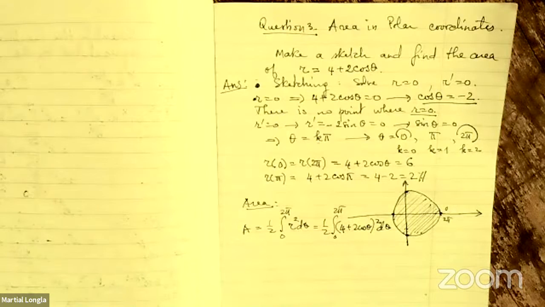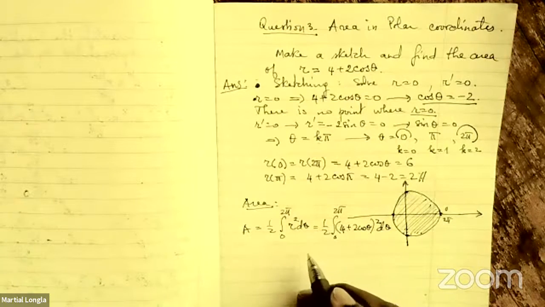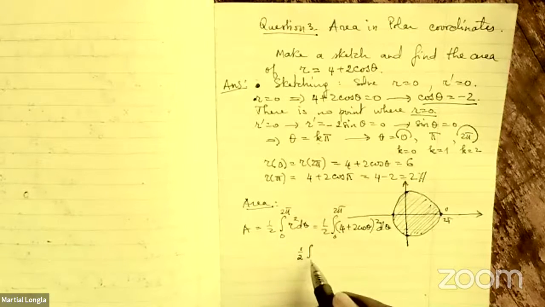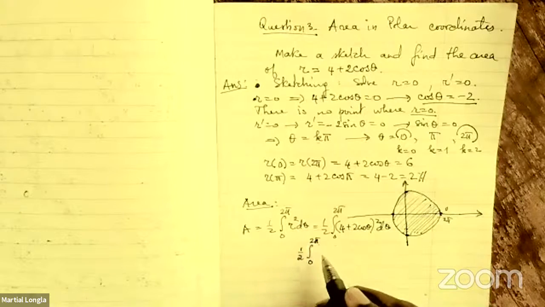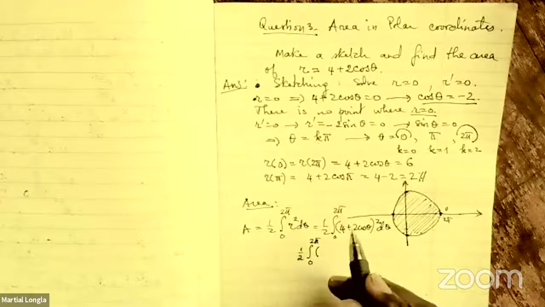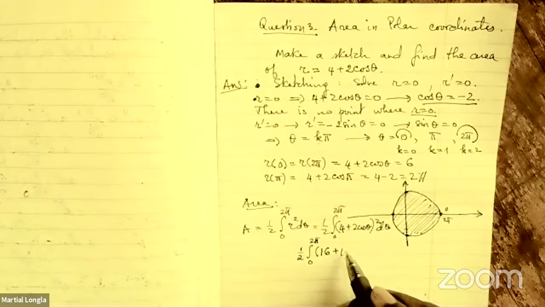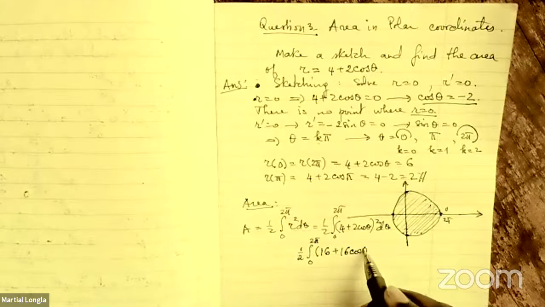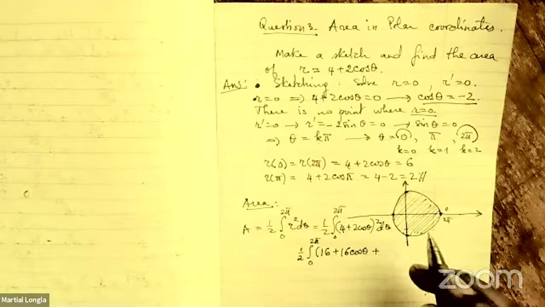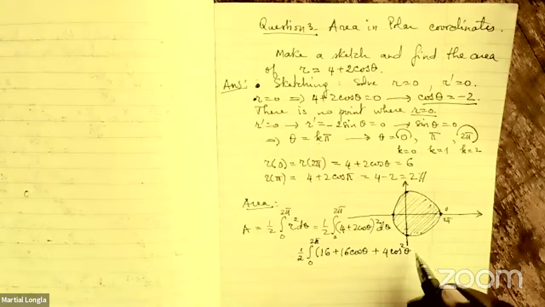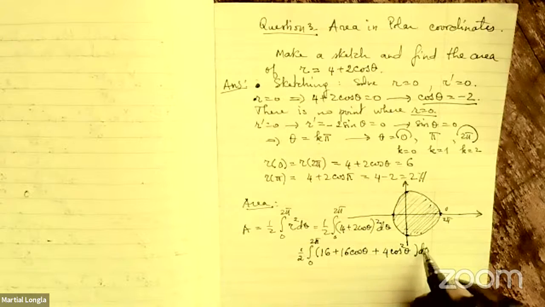And we need to compute this integral. Open the parentheses, you get 1/2 integral 0 to 2 pi of 16 plus 16 cosine theta plus 4 cosine squared theta d theta.